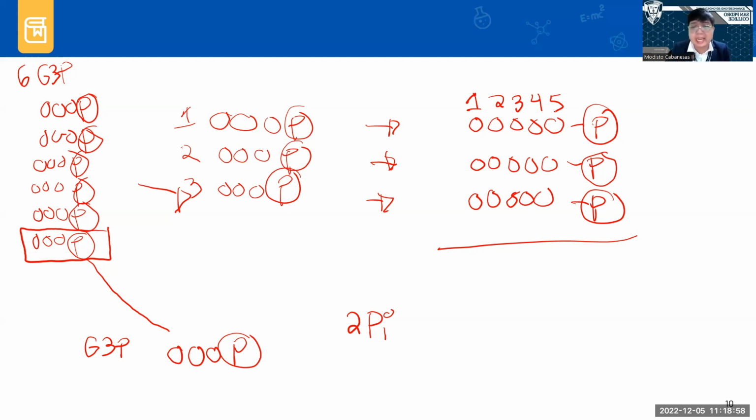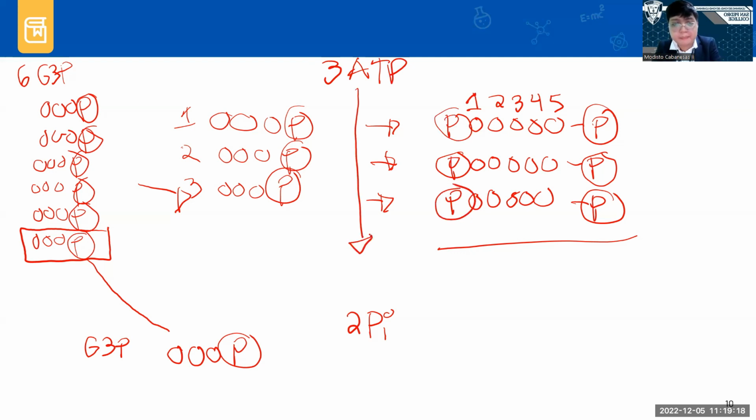So with that, kakailangan natin ng presence ng tatlo pang ATP. So dito papasok yung tatlong ATP and it will give 1 for each. So si ATP, it will become ADP. And we now successfully regenerated ang RUBP natin.